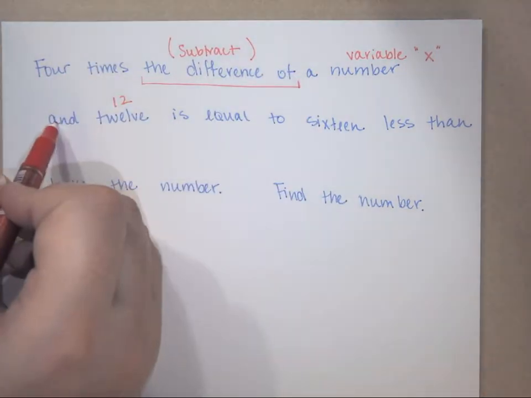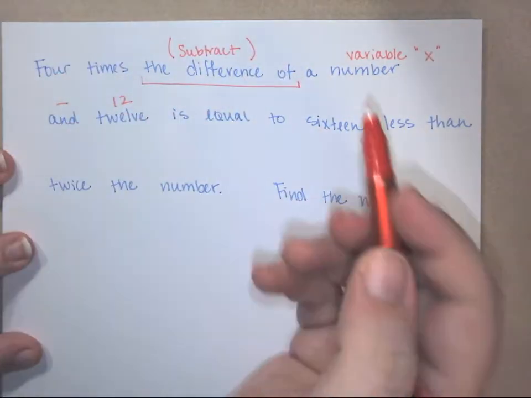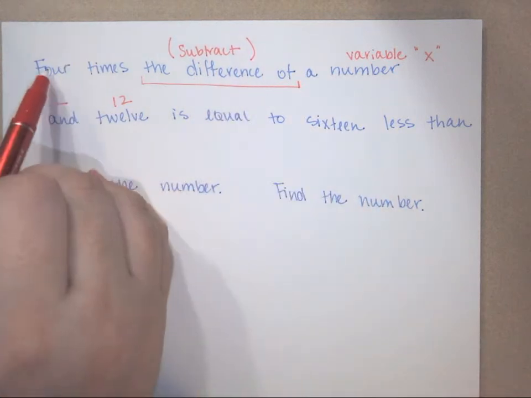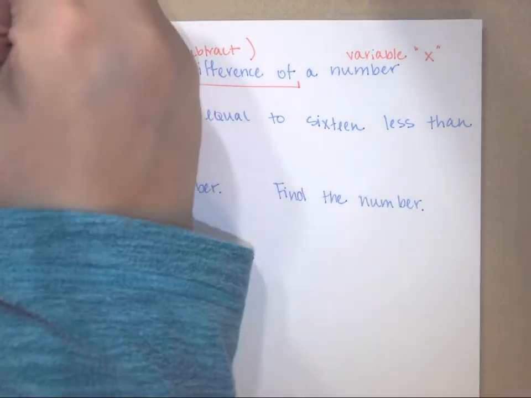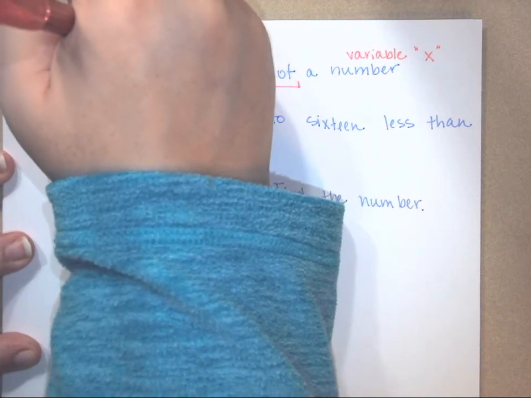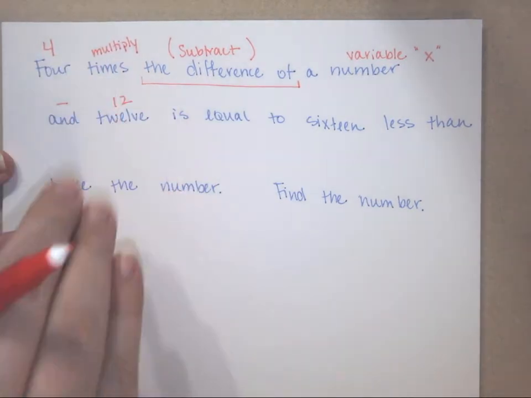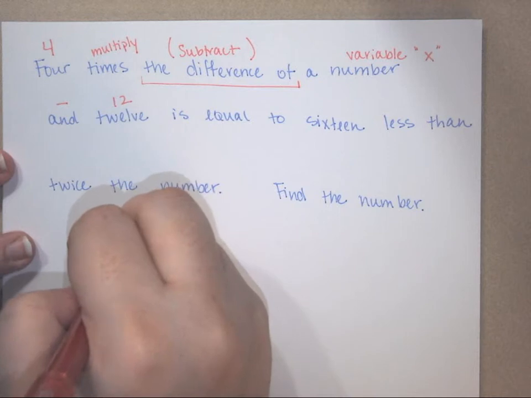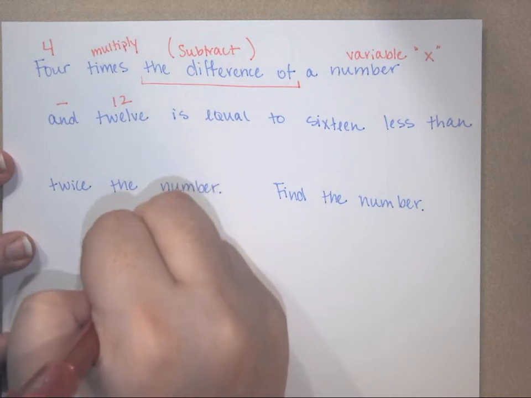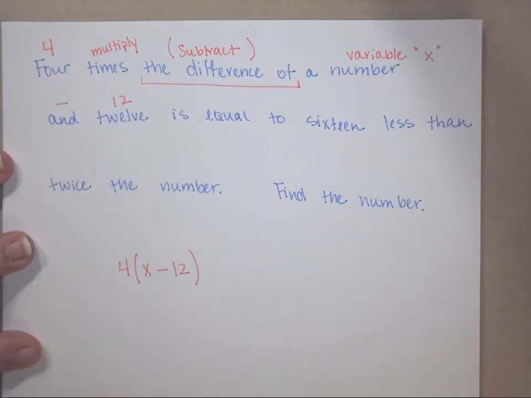So this right here is going to be essentially like your sign. So we have x minus 12 because of the difference. Now if we look at the beginning, we had 4 times. So this would be 4, and then times is the same as multiply. So if we just look at this first piece, when we write it down, we would write 4 parenthesis x minus 12, close parenthesis. 4 times the difference of a number and 12.